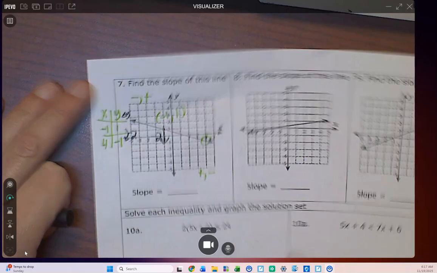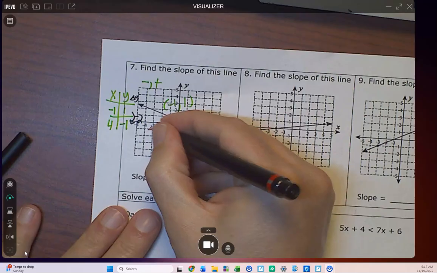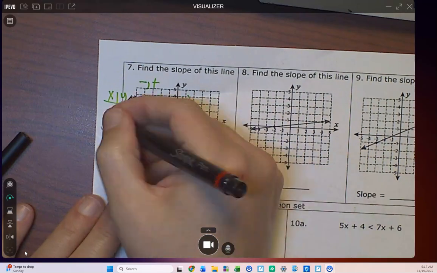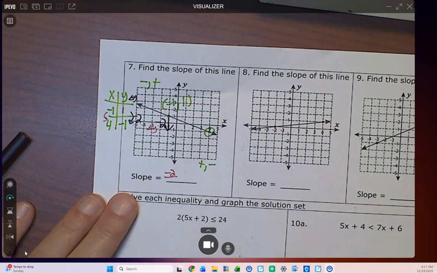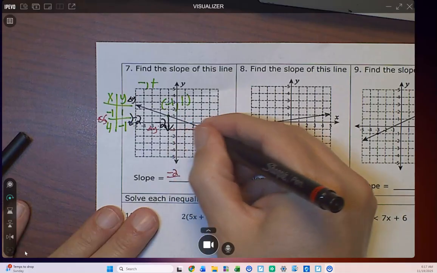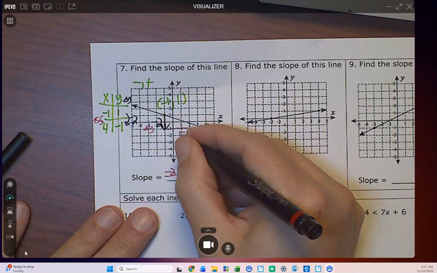If you look at my t-chart, okay, and then how much did the temperature rise from negative 1 to 4? Well, it went up 5. So that means your run is 5.